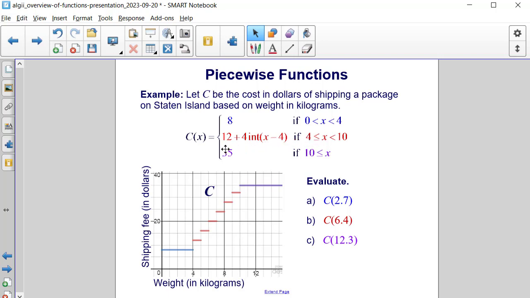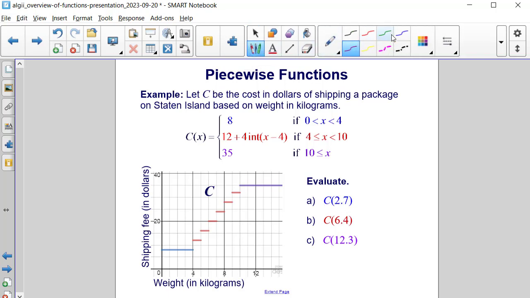The cost would end up being $12 plus 4 times the greatest integer of the quantity x minus 4 for weight values between 4 and 10, including only the lowest endpoint of 4. And then the cost would be $35 for any x value that is greater than or equal to 10 kilograms. So let's evaluate our cost for each of these weights.